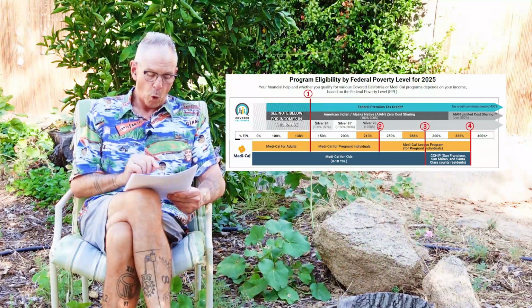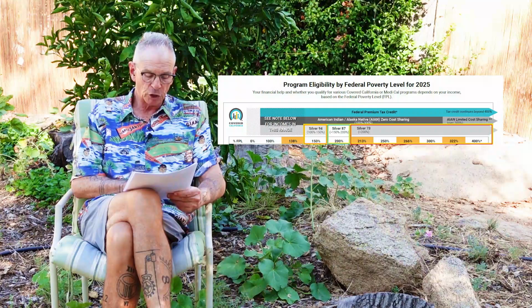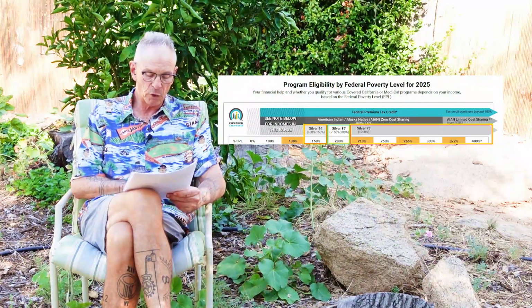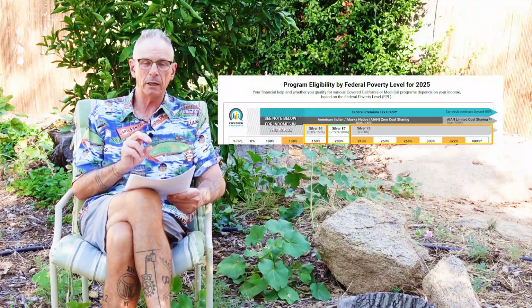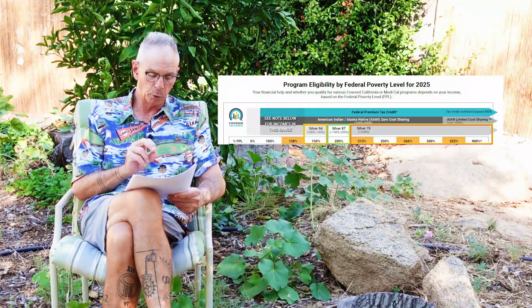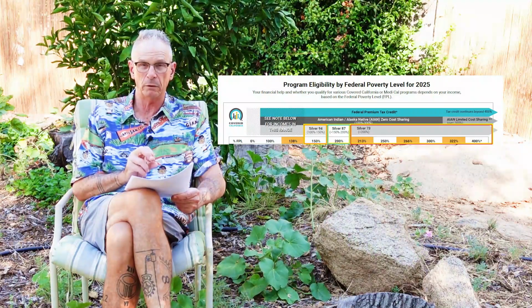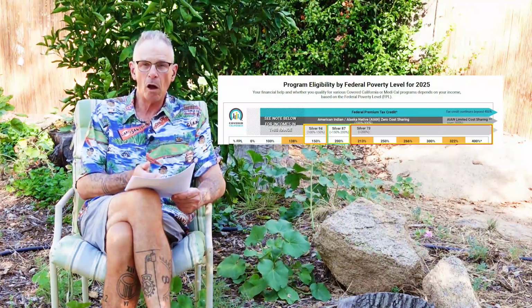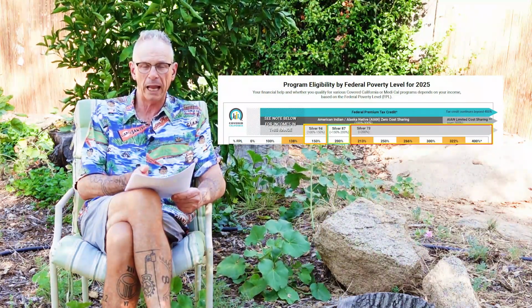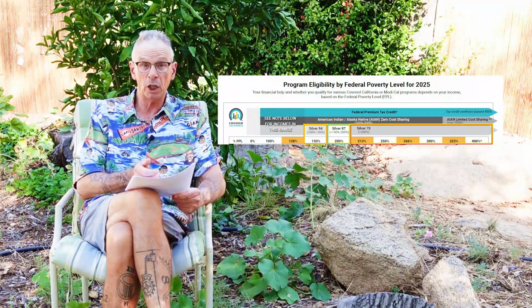Also, right above the different percentages, there is the Silver 94, Silver 87, and Silver 73. If the household income for an adult is between 138 and 150% of the federal poverty level, they will be offered a Silver 94 plan. A Silver 94 is very good.